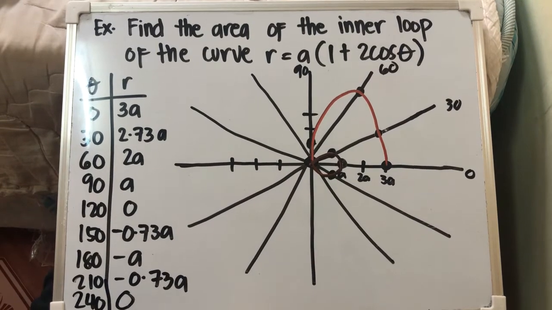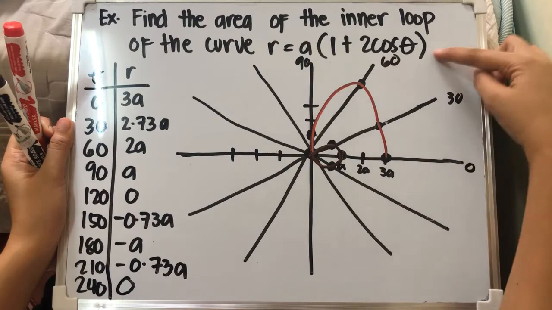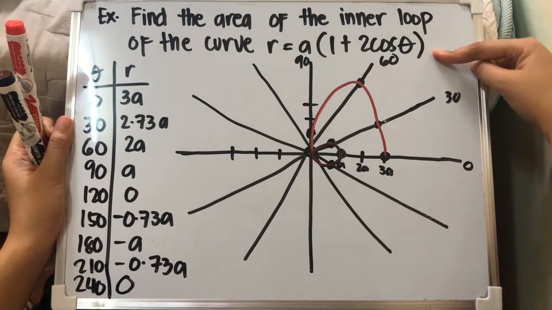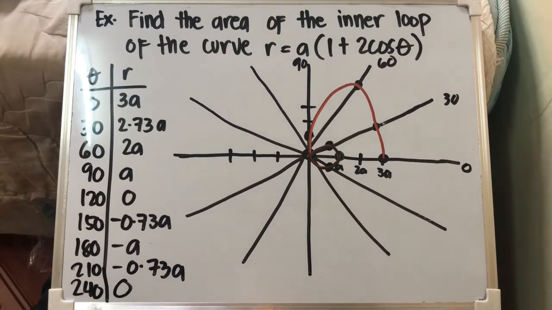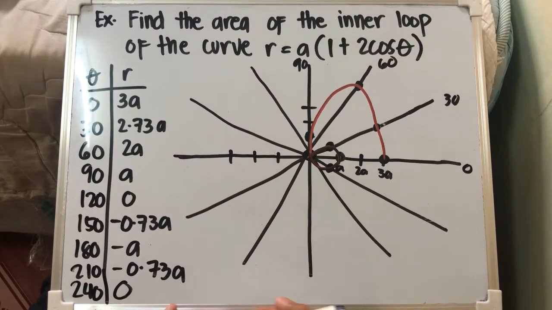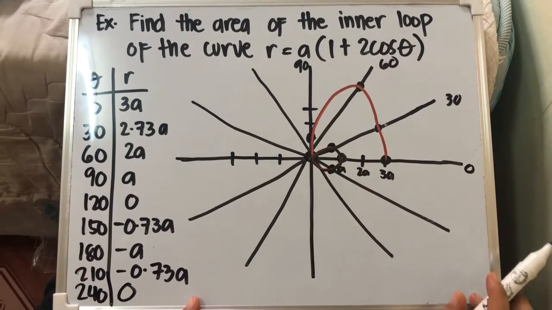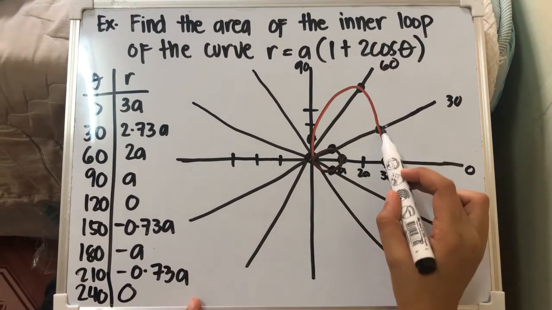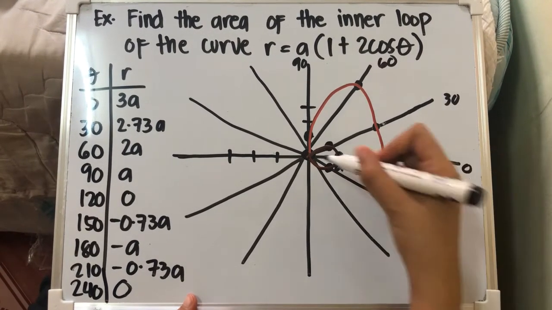If we try to test the symmetry of this one, you'll know that it is symmetric in the x-axis. Meaning to say, you can just continue plotting this one since it's symmetric with x. The points here are just symmetric but with a negative sign.